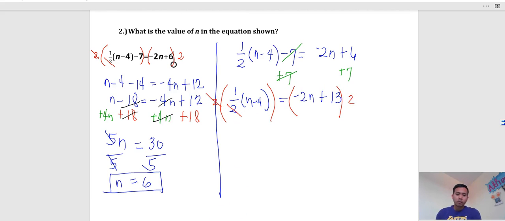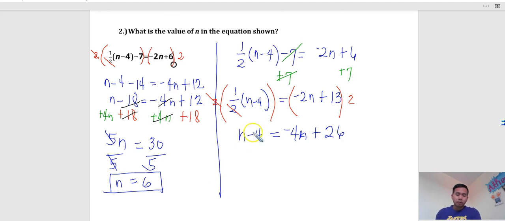So you only have n minus 4 is equal now to negative 4n plus 26. And then the same way, we combine like terms, or collect like terms on the same side of the equation.